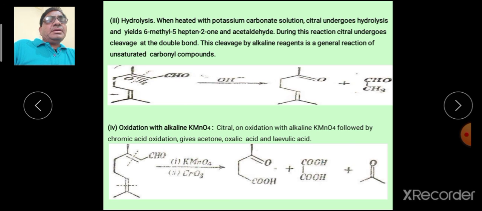Second, the formation of methylheptenone from citral is shown, while the formation of acetone, oxalic acid, and levulinic acid we have seen by the oxidation with KMnO4 followed by chromic acid.